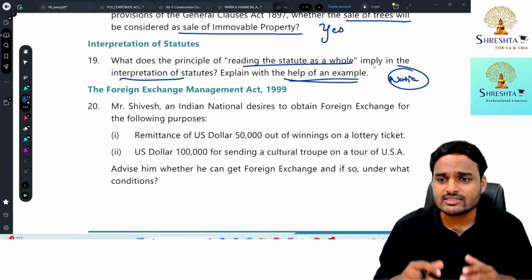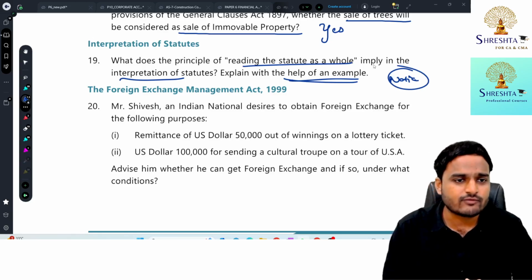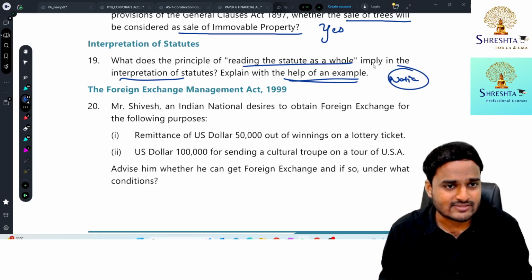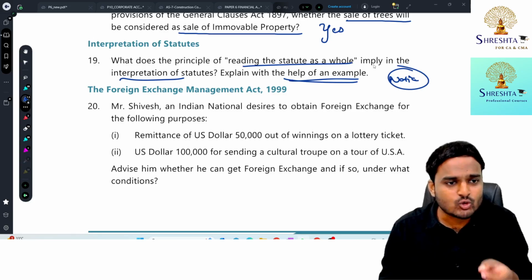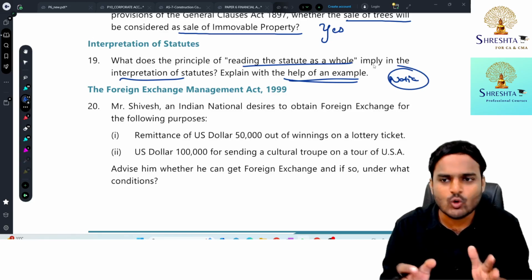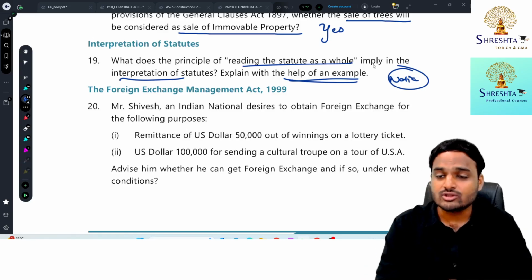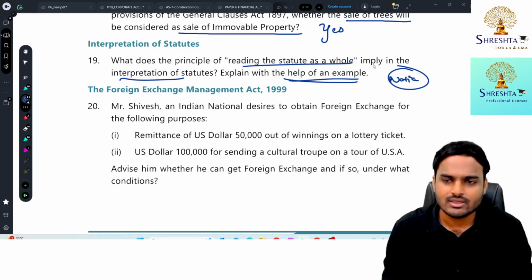So placing a notice in the hands of members of the company is also valid service of notice. Or notice can also be served through electronic means. Now, when you read section 20, it is very clear that notice should be in writing only. So oral notice is not sufficient. So here notice should be in writing. So this clarity you will get when you read the statute as a whole.